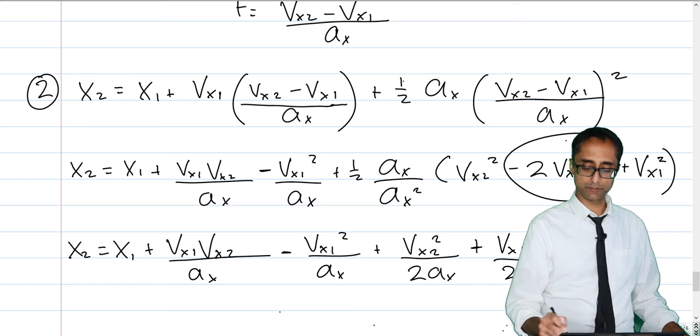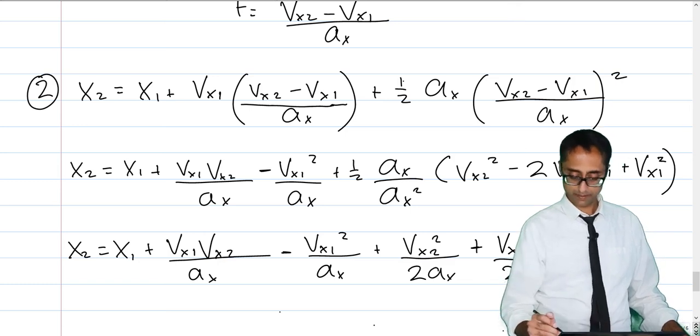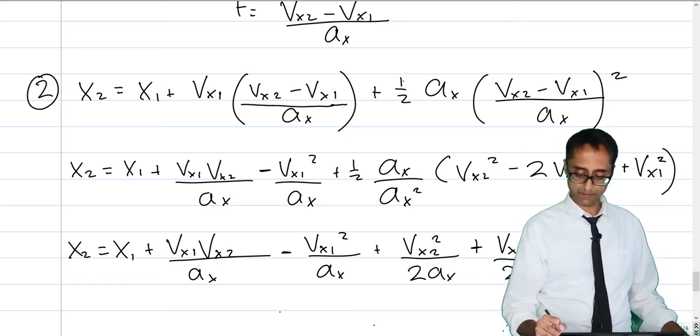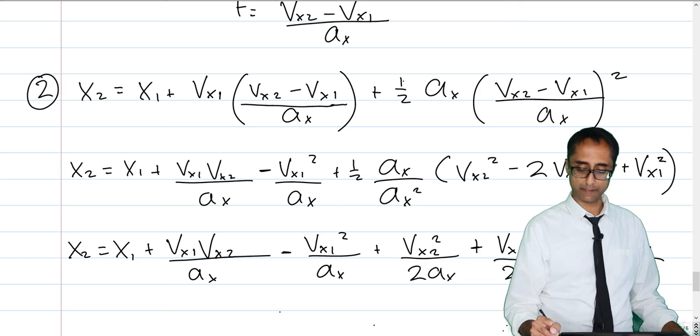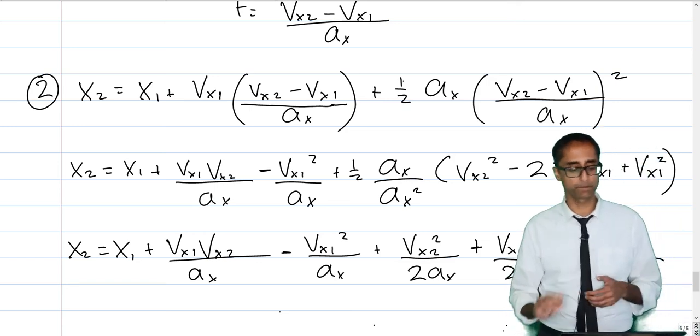And finally, I'll do this term last, just because it's the most intimidating, giving me Vx2, Vx1, all divided by Ax, and the two t's have canceled out.